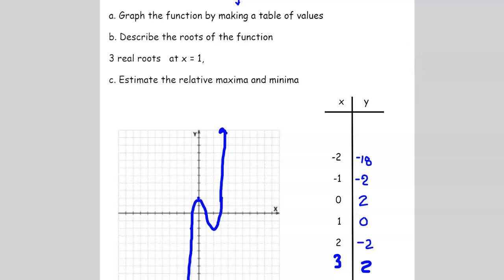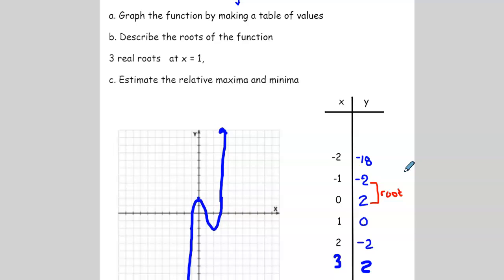But then when I'm looking at my graph and at my chart, I didn't have any other x values where y was 0. So what we're looking at is, where do we cross the x-axis? So you can either look on your graph for that, or you can even find this in your chart, right? Where does our y column change between positive and negative values, right? So when it crosses from the negative part of my graph to the positive part, this tells me that there's a root somewhere in between because I have crossed over the x-axis.